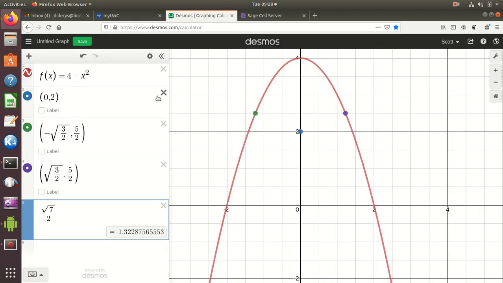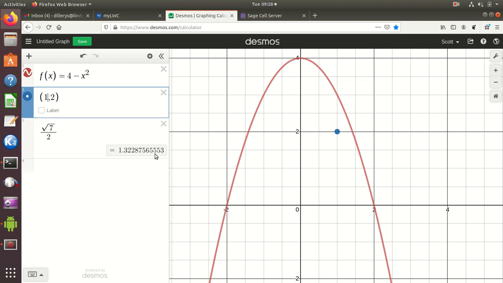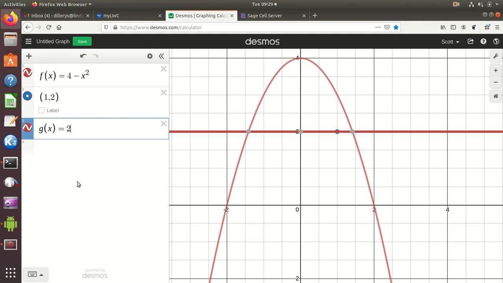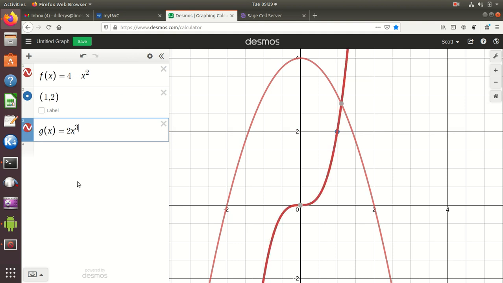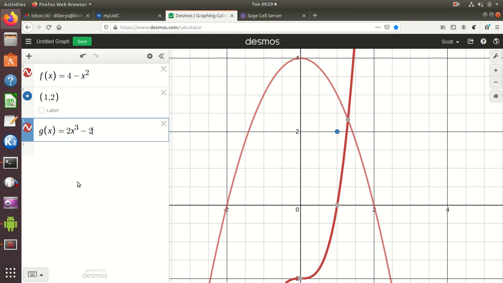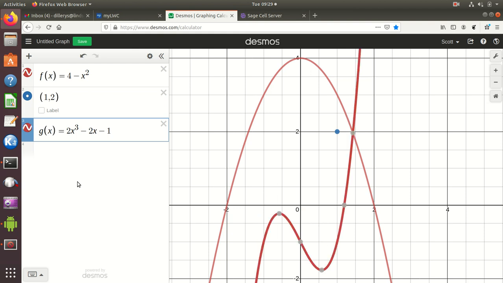So I can go back to this whole thing. I'm going to put in the 1 here. I'm going to get rid of these. And now I'm going to put in a g of x equal 2x cubed minus 2x minus 1. And so now I see that it actually only has 1 zero.